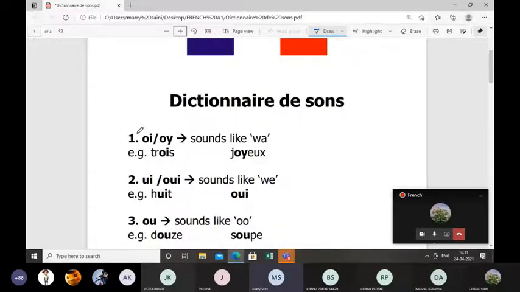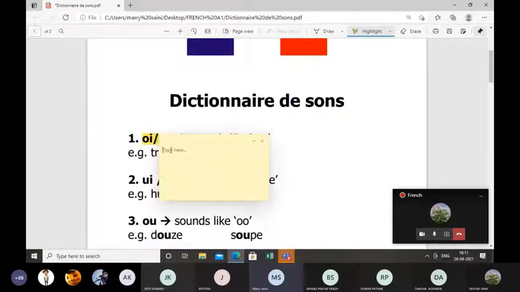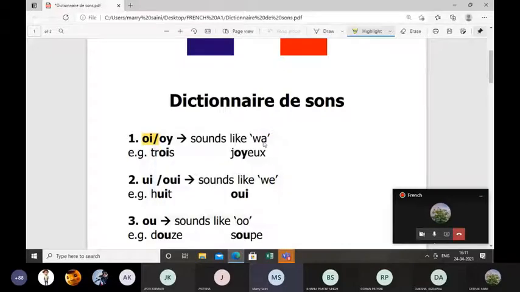For example, if we take the first one, I have given the letters here: OE and OY. Whenever in a word you find OY and OE, what sound do you have to give?